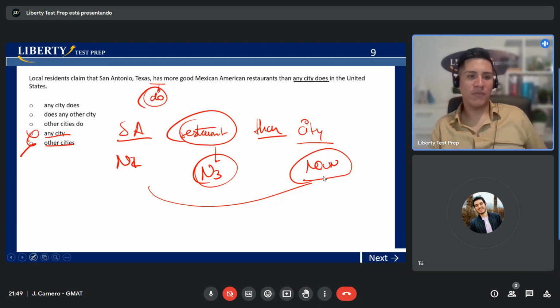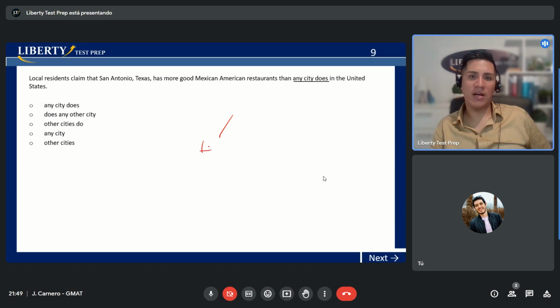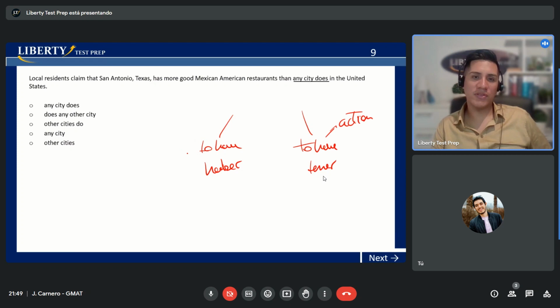Do. Okay, because there are two different types of have, right? To have of haber and to have of tener. This one is an action, tener, and the other one is a helping verb. The to have of haber gets replaced with have. That's the have that you also see in a perfect tense, like I have gone.